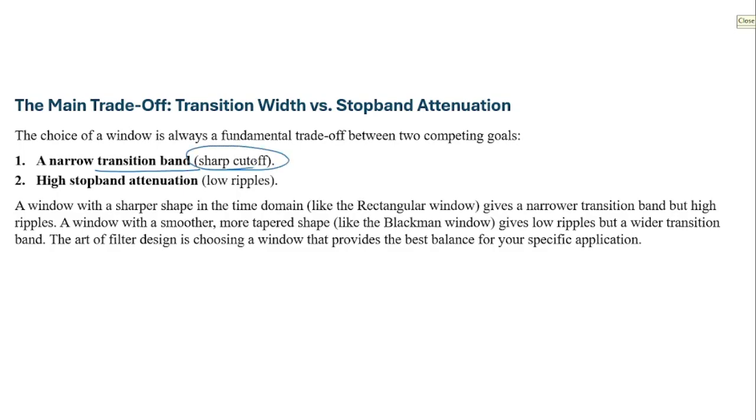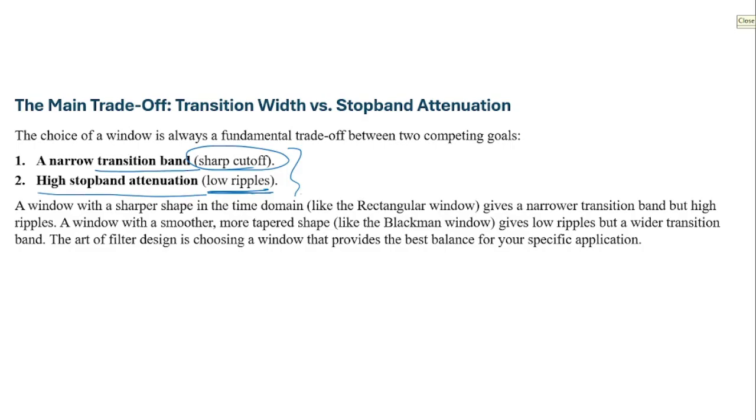A narrow transition band will lead to a sharp cutoff, and a high stop band attenuation will lead to low ripples. So these are the two trade-off points, and we need to work with these two points.